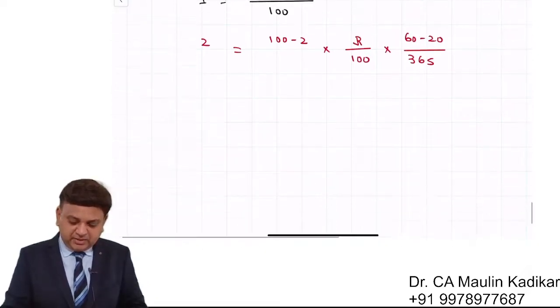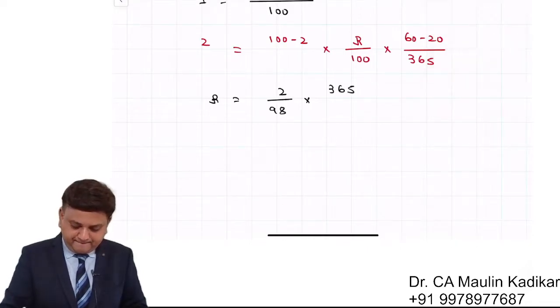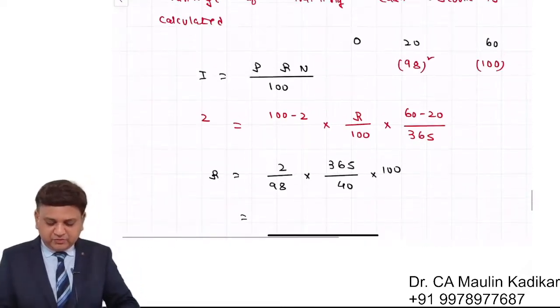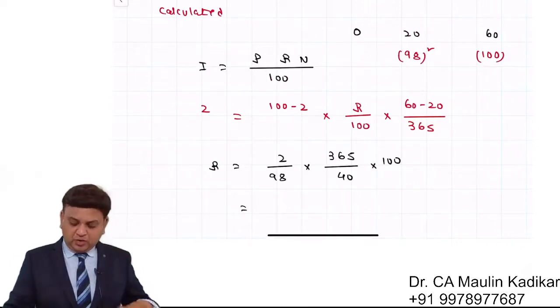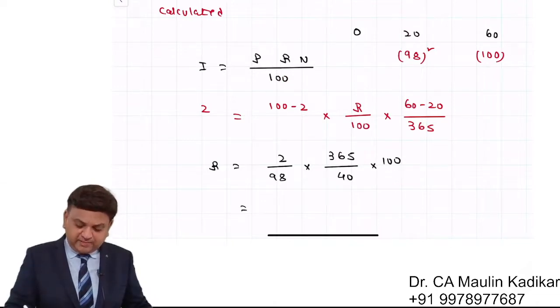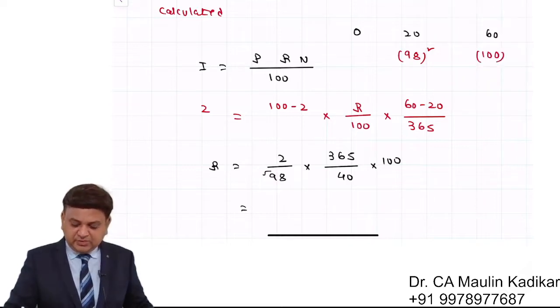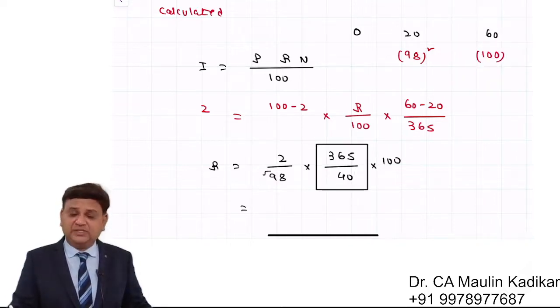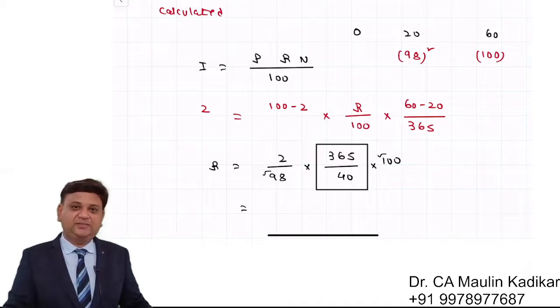So what will happen over here? R is equal to 2 upon 98 into 365 divided by 40 into 100. So you get the advantage of 2 rupees of the cash discount. For getting that advantage, you have to make the payment of rupees 98. 365 divided by 40 is the annualized term, into 100 for the purpose of getting the answer in percentage term.